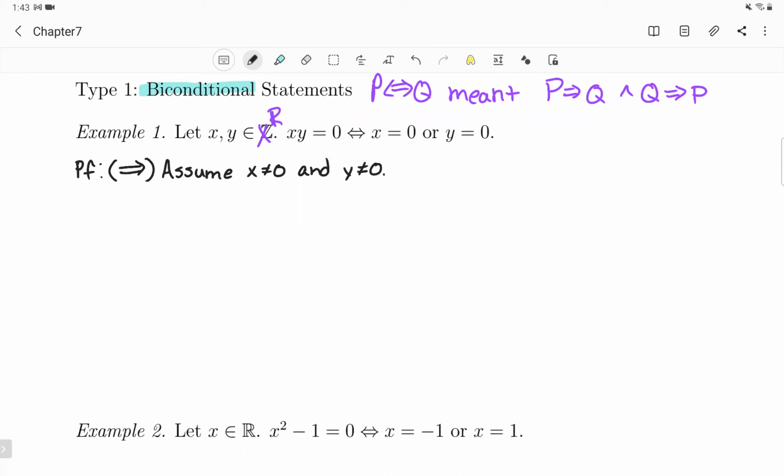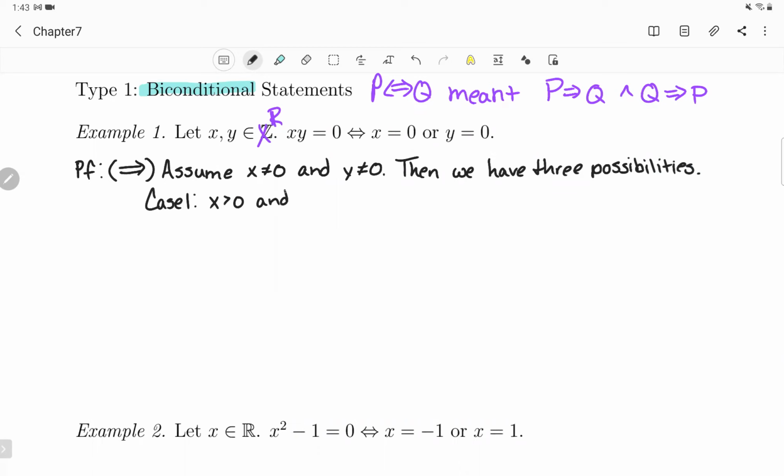Here's how I'm going to do that. So then we have 3 possibilities. Case 1, x is greater than 0 and y is greater than 0.